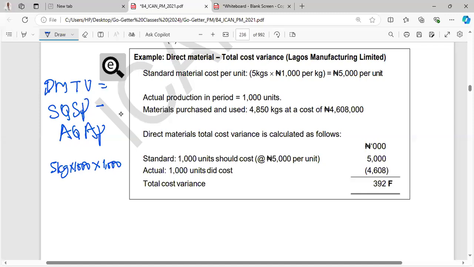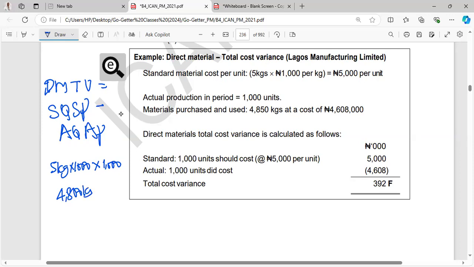Now, this is the standard quantity. Then the actual quantity: for this whole 1,000 units, you spent 4,850 kg.